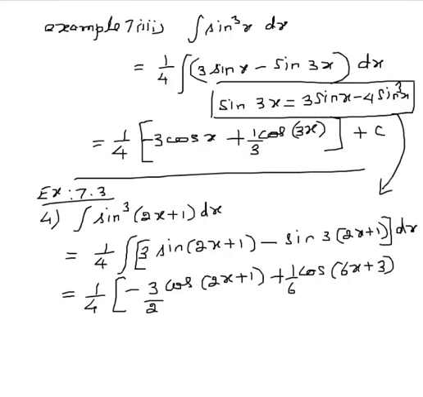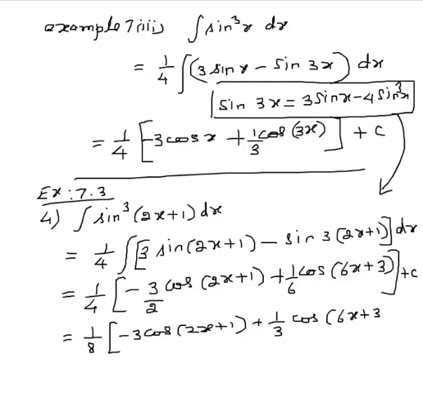Divide by the coefficient of x, which is 6. And plus c, the constant of integration. We can take 2 out. The answer is minus 3 cos of 2x plus 1 and 1 by 3 times cos of 6x plus 3, and plus c.